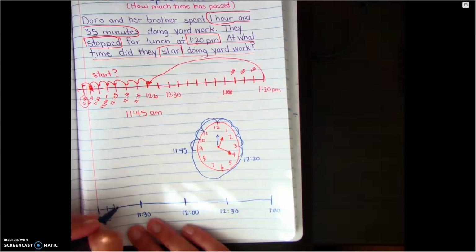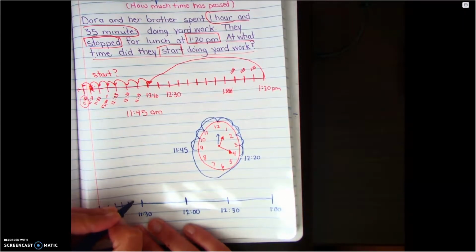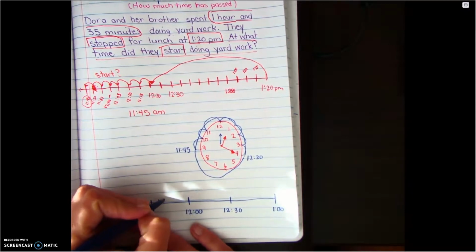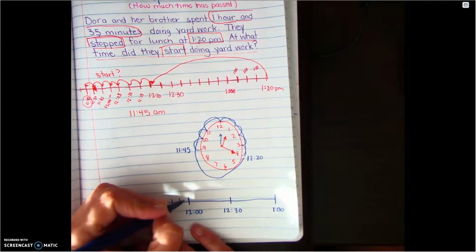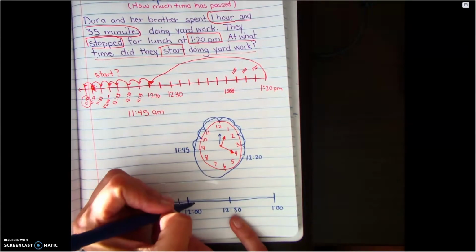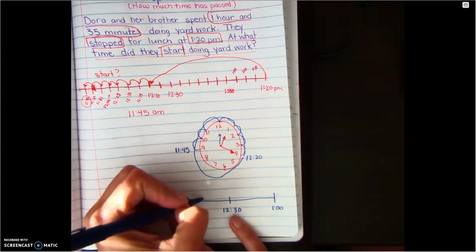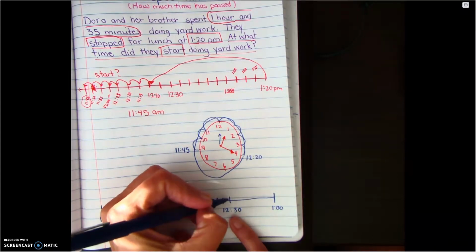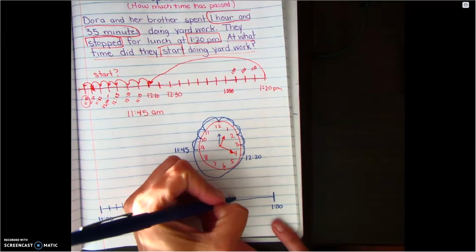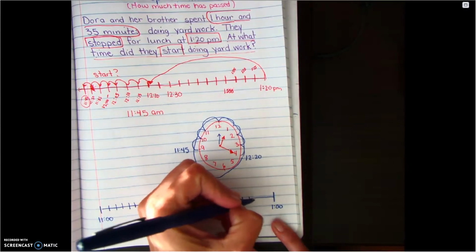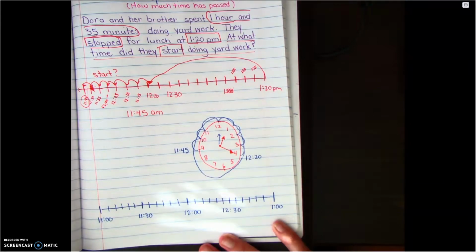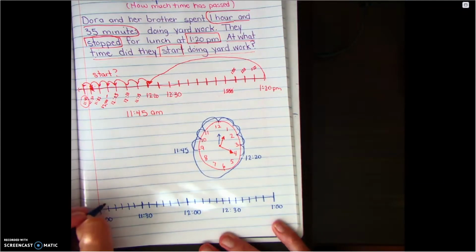So I need to have 5, 10, 15, 20, 25, 30, 35, 40, 45, 50, 55, another hour for 60. 5, 10, 15, 20, 25, 30, 35, 40, 45, 50, 55, an hour. So maybe just practicing those. And so remember, this would be 11:05.